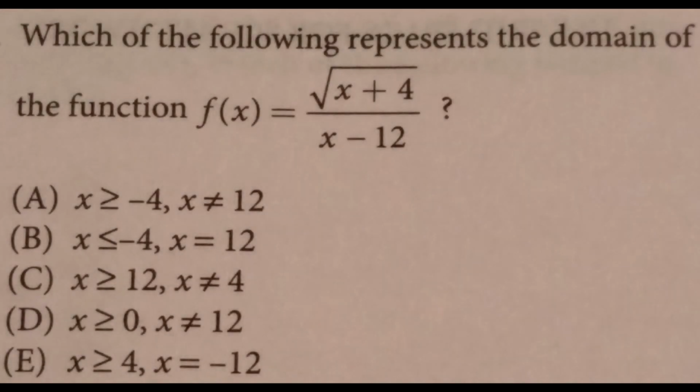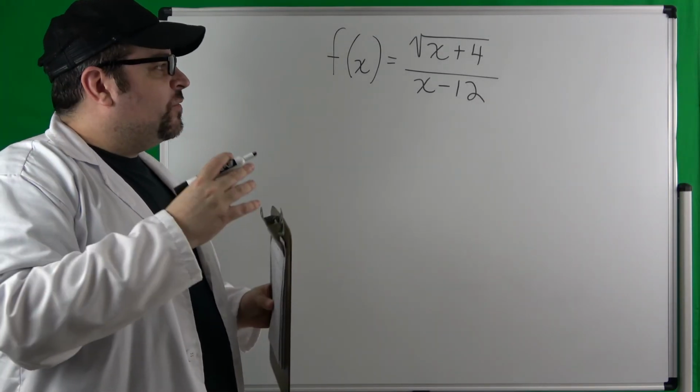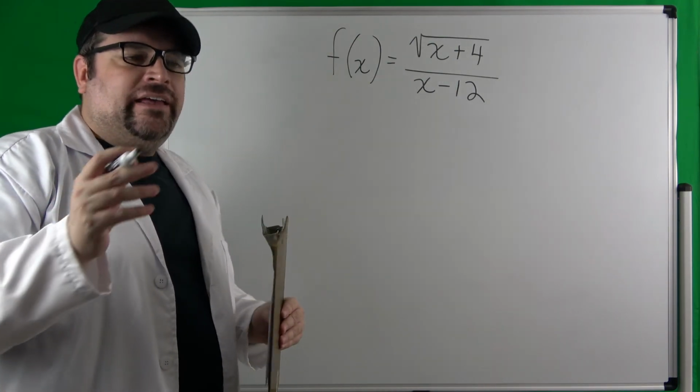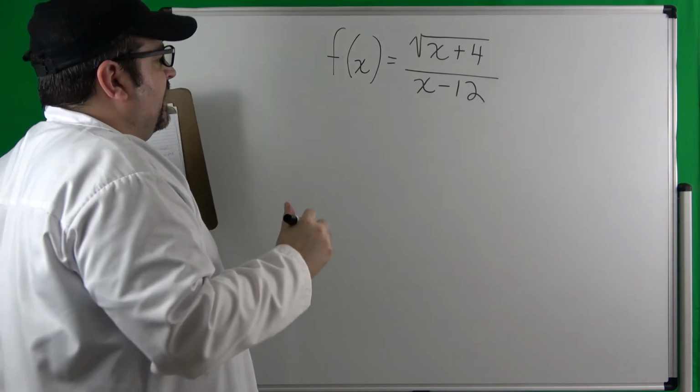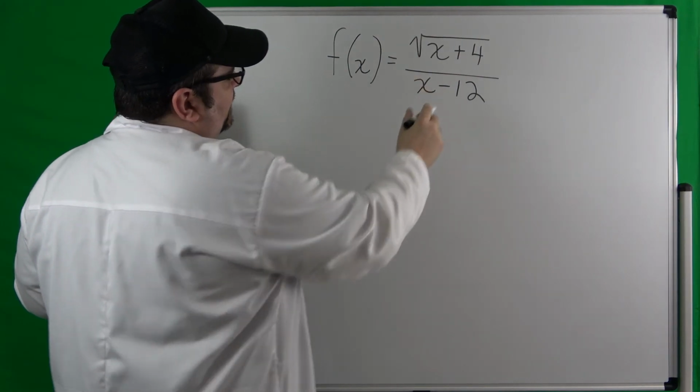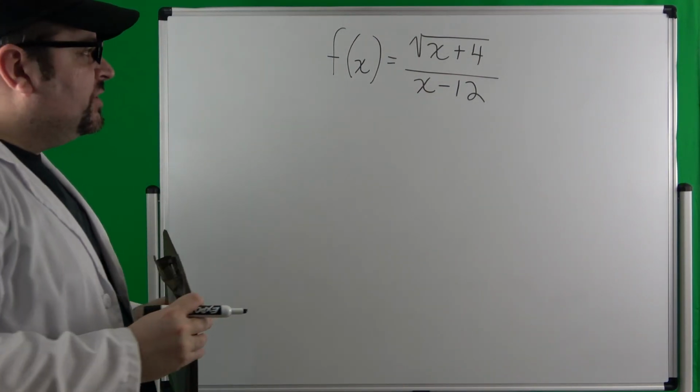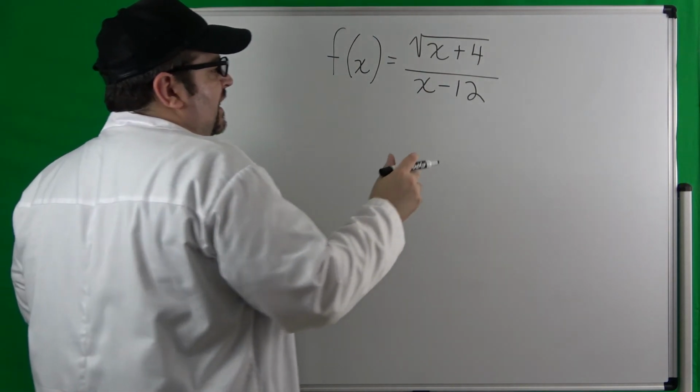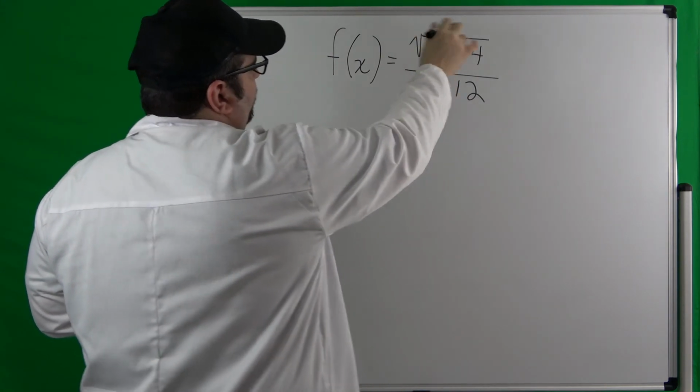What is the domain of f of x equals radical x plus 4 all over x minus 12? So when it's asking us these questions about the domain, the first thing you want to look for is if there's a variable in a denominator in the function, and if there's a variable under a radical sign.